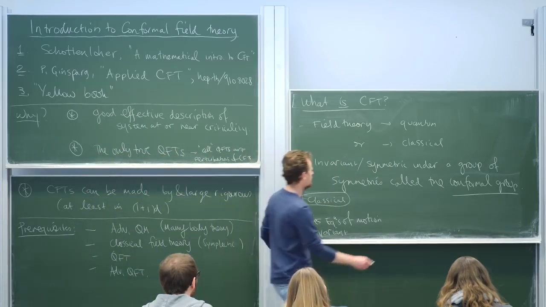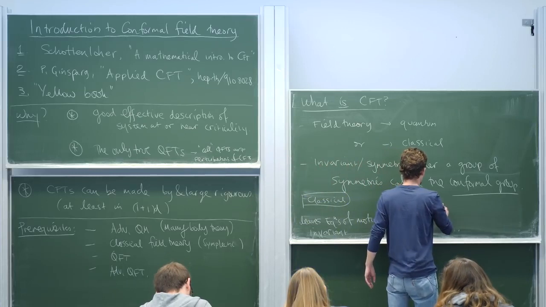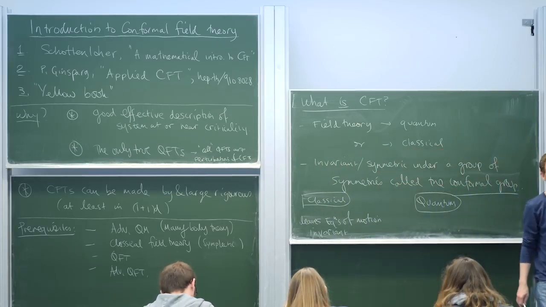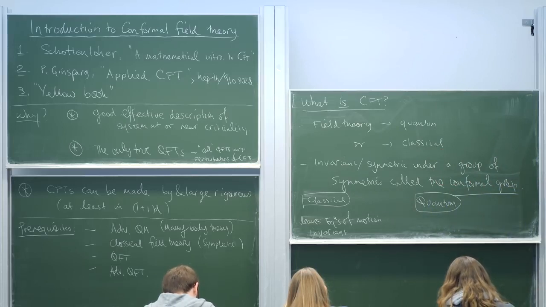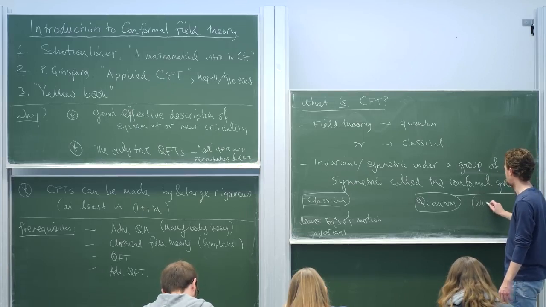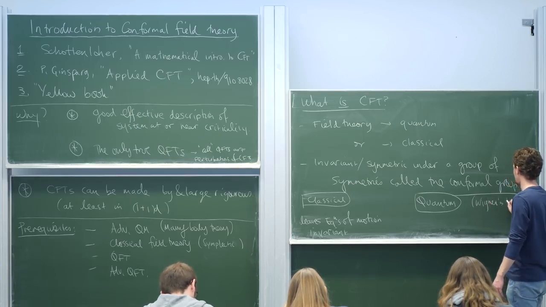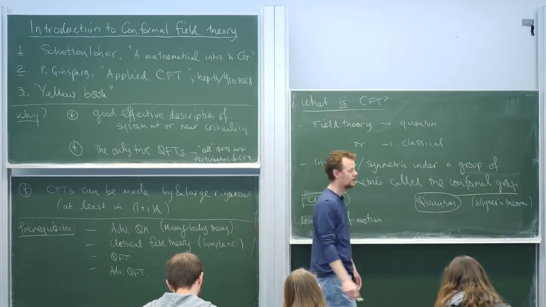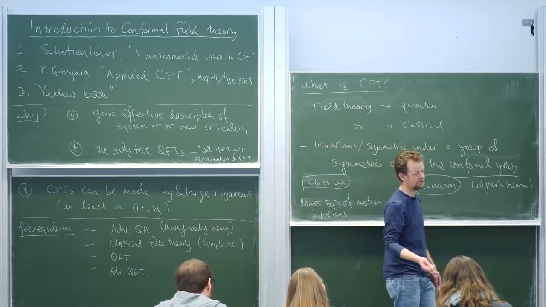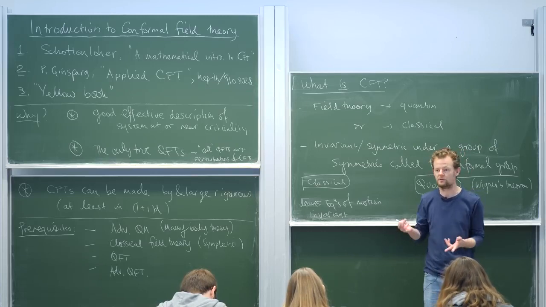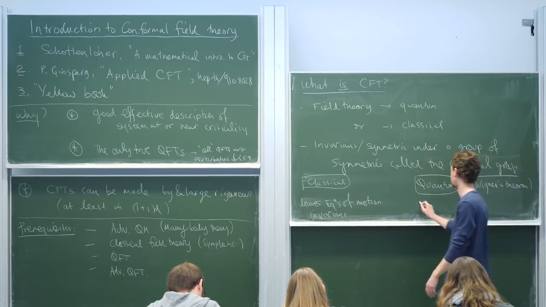If it's quantum, however, we have another definition for what it means for a quantum theory to be invariant or symmetric under a group of symmetries. And that's thanks to Wigner's theorem, which I covered in the last lecture of advanced quantum theory. Wigner's theorem tells us that all symmetries of quantum mechanical systems are realized by unitary or anti-unitary operators up to a phase.